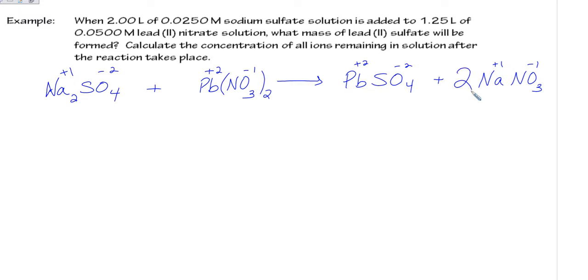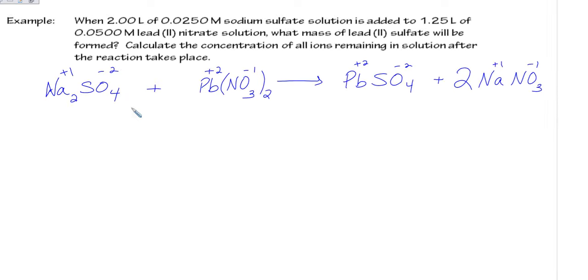Easy. Now again, this is not part of the final answer, but I have to show the balanced equation because I need to prove that I know the formulas and the ratios in order to do any kind of stoichiometry. Since they're not specifically asking for the balanced equation, I'm okay leaving it like this. I don't have to scale it down to a complete or a net ionic, but I might actually put the phase symbols in.